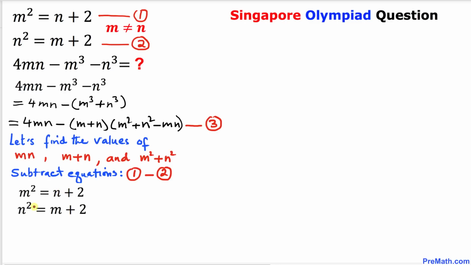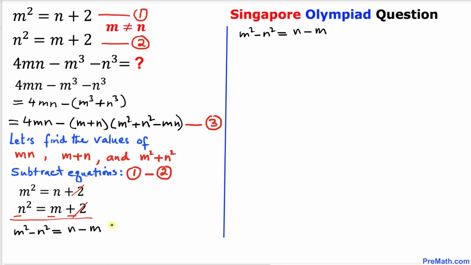So let's go ahead and subtract. We are going to change the signs: this positive becomes negative, this is negative and this is negative. The positive 2 and negative 2 are gone. So we ended up with m² − n² = n − m.